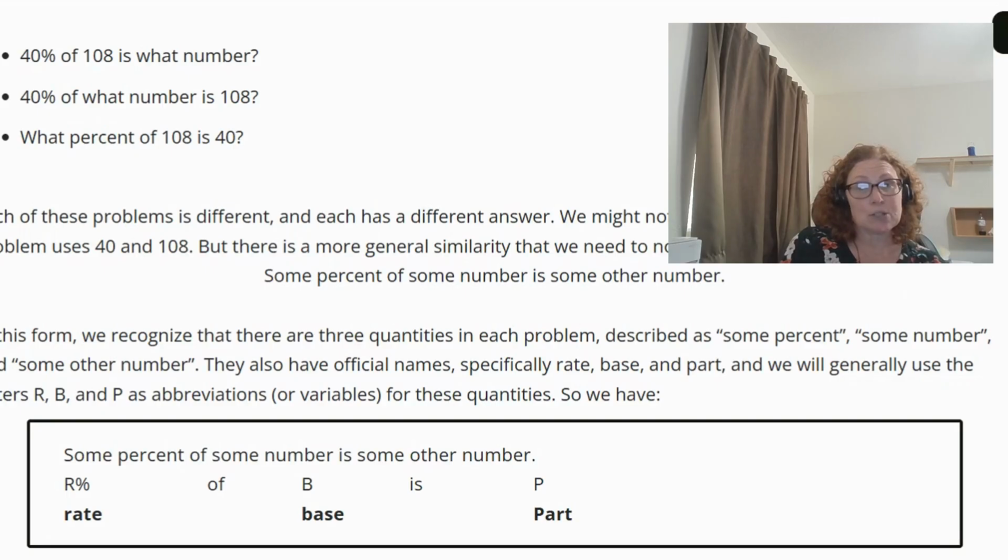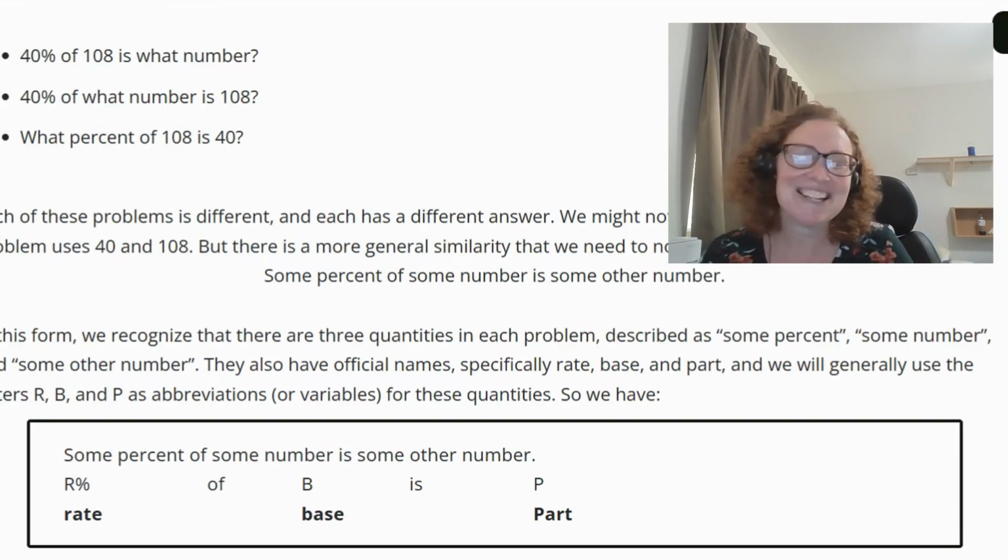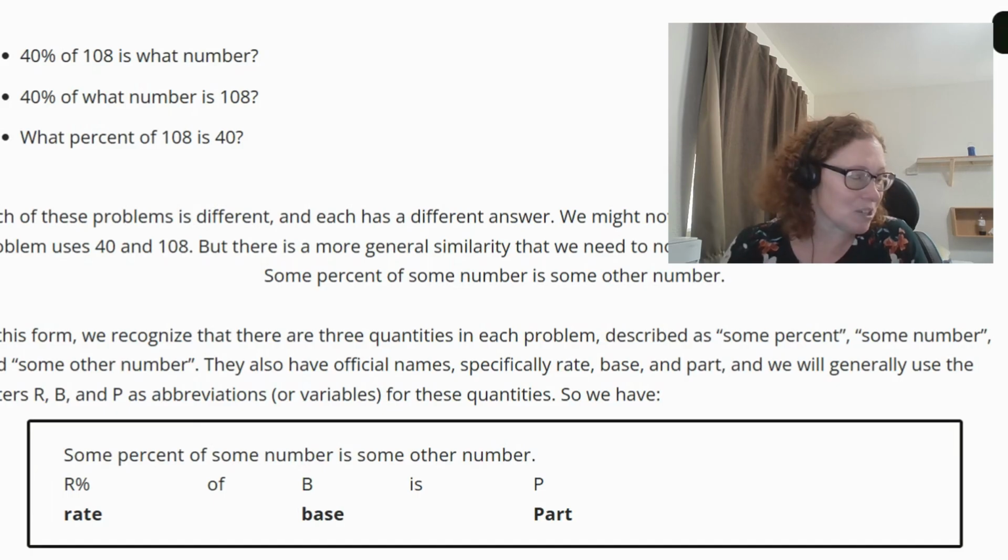So let me go through those again so you can write them down. That'll help you. I also have a little circle graph coming up, a pie chart kind of thing, to help you with that too. So rate is the percent. That's always a percent. Rate percent of the base, which is B, is P the part.